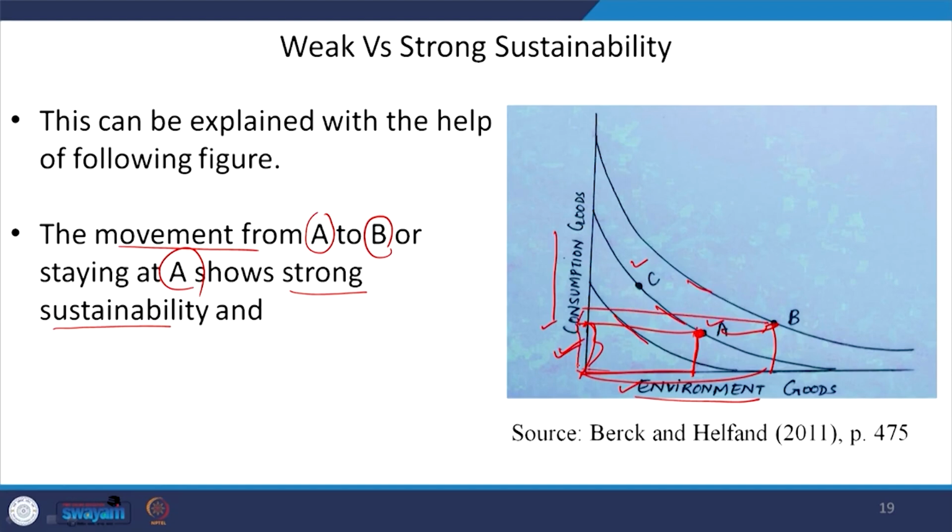That is why when the consumer is moving from A to B, it is a case of strong sustainability.